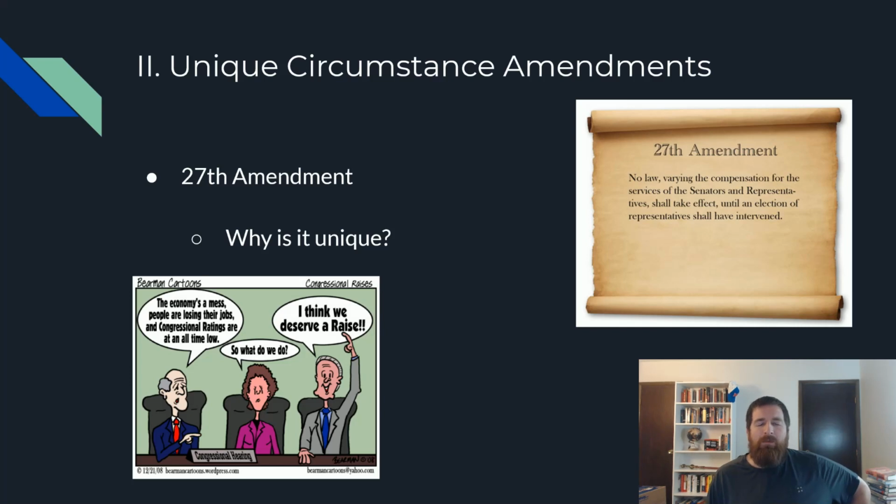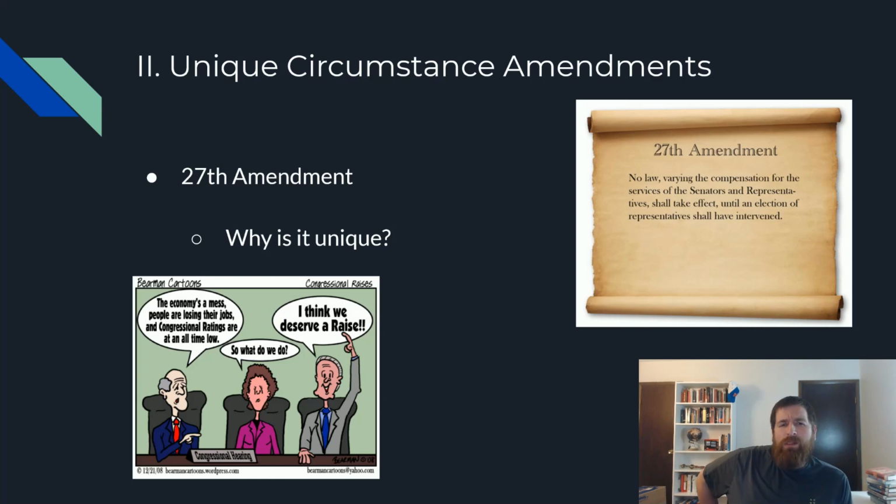So if you are a member of the House and you vote in favor to give your position a raise, you will have to win your next election before you can see that increase in money. If you lose your next election, you will never see that increase. That raise will go to whoever it is that beats you in that election.